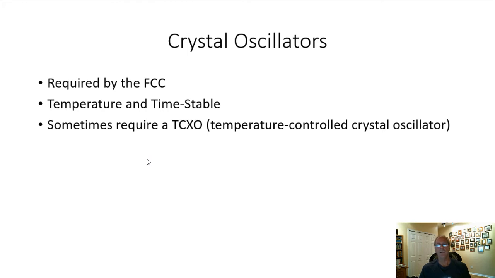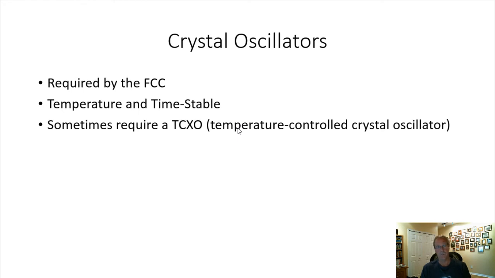Crystals don't really have that problem. They're made of quartz, very stable material, and so they're pretty much okay for a long, long, long time. So that's another good thing about crystal oscillators. Sometimes if you need super accurate frequencies, you can use this thing called a TCXO, which is a temperature controlled crystal oscillator. I believe I described this before, where you have basically a crystal oscillator with a little oven in it. The part has a little oven.